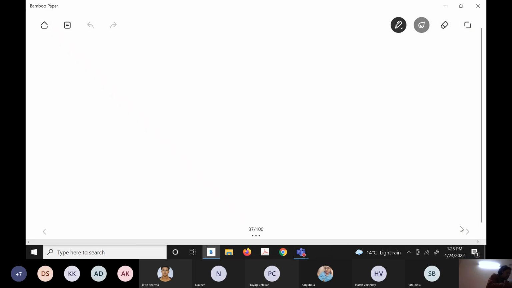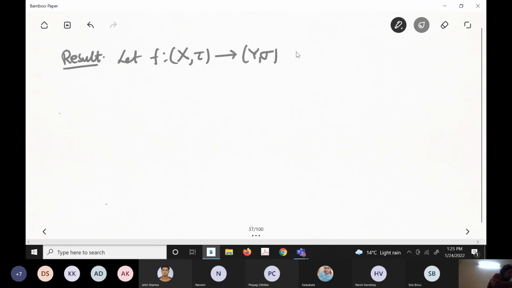Now, the second result. Let f: (X, τ) → (Y, σ) be a surjective continuous map, that means an onto continuous map.